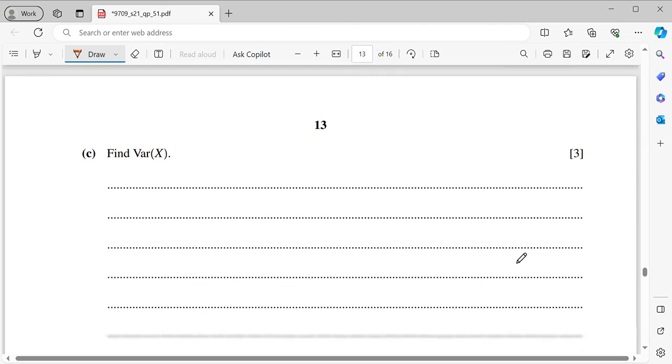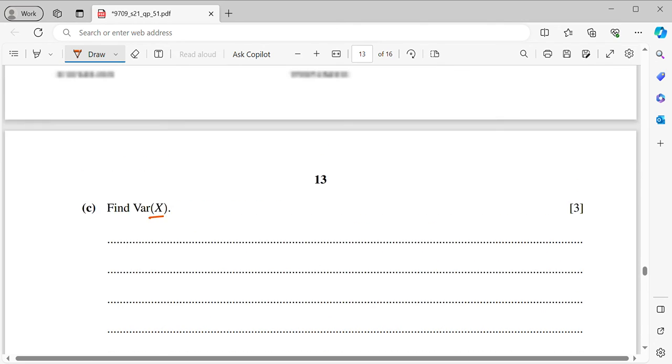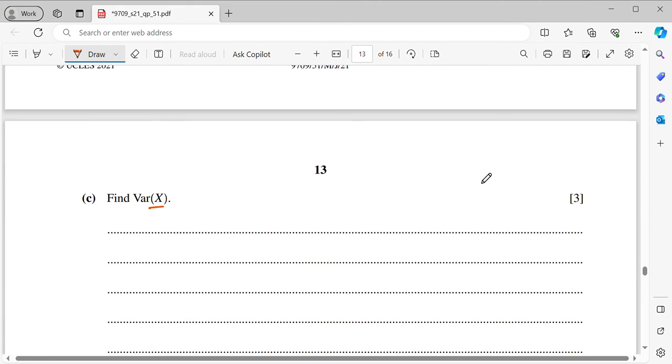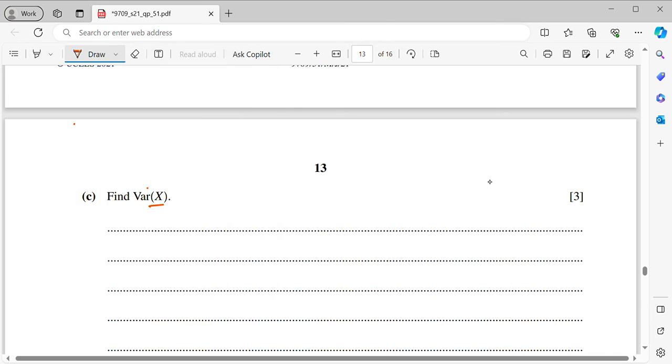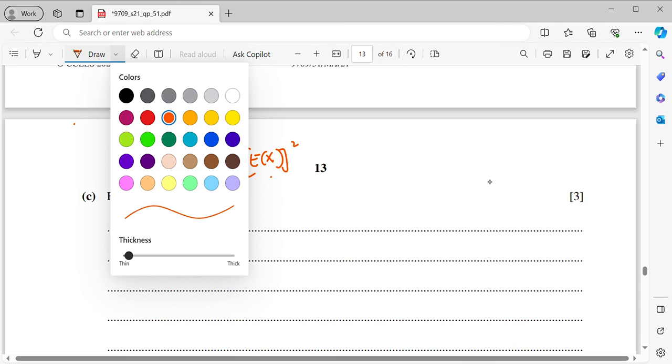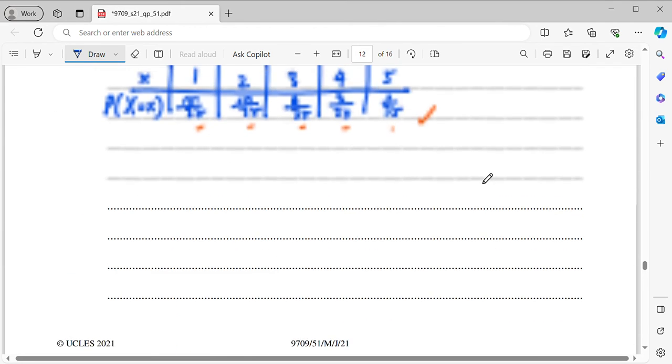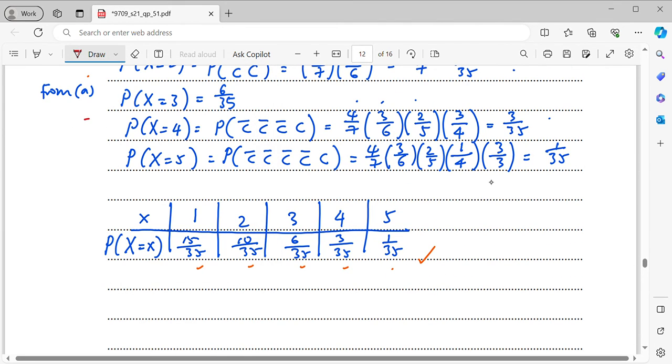Now, part C, find Var(X). Okay, so when we need to find Var(X), we have to use back this table. Okay, so the variance formula is basically E(X squared) minus the square of E(X). So the E(X) is the expected value. So now I have to count the E(X) first. So E(X) is basically summation xp. Right, that means x multiplied with p, then you get the total, which means it's basically just multiply first and then you total up.